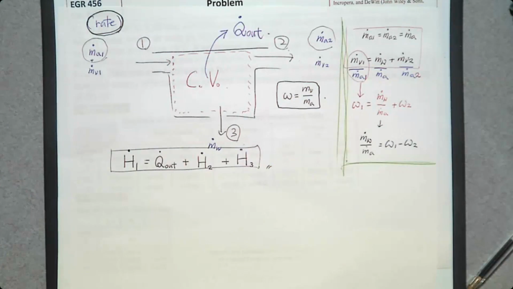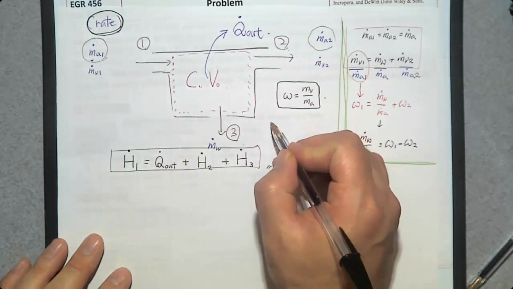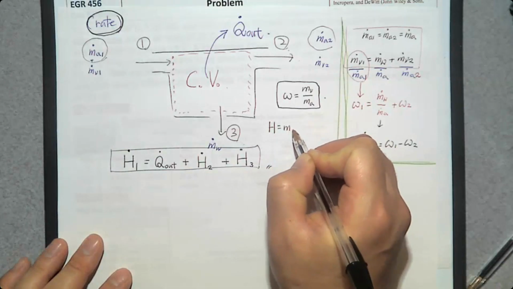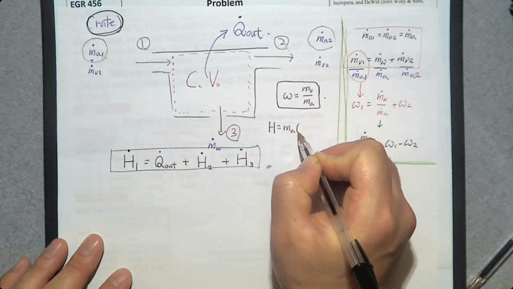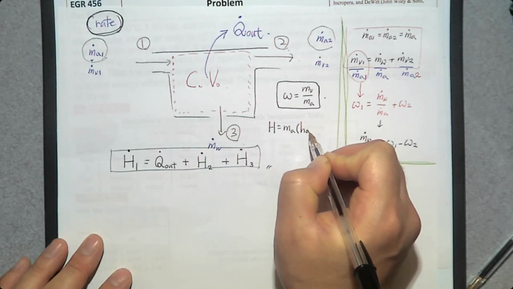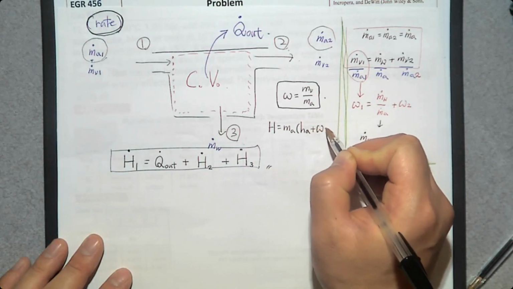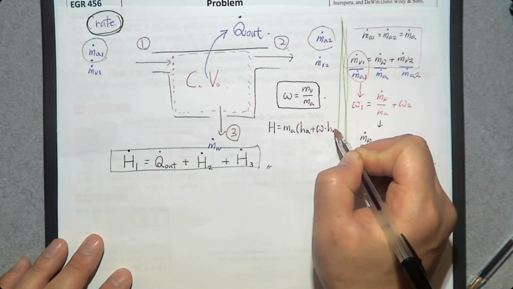Then how can you determine this total enthalpy? We studied it, the total enthalpy, H, can be determined by mA times hA plus omega, the humidity ratio, times hV.